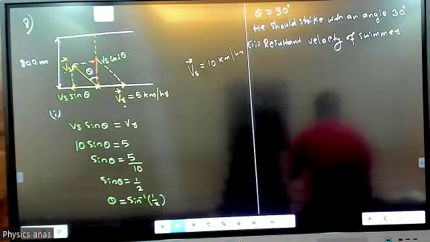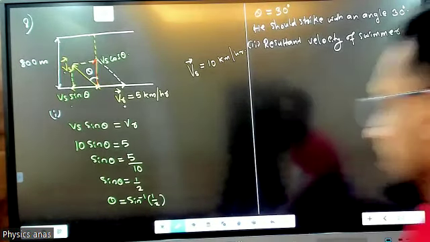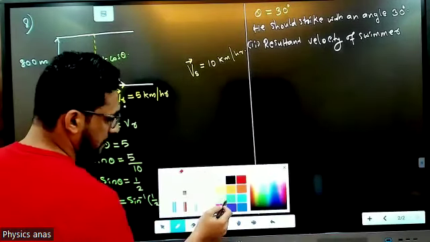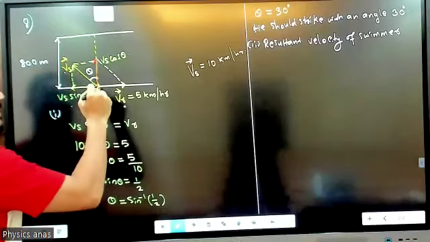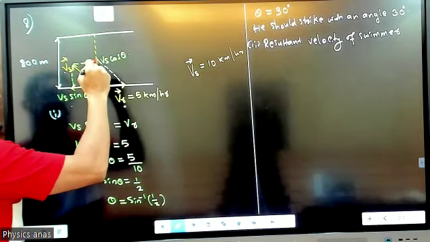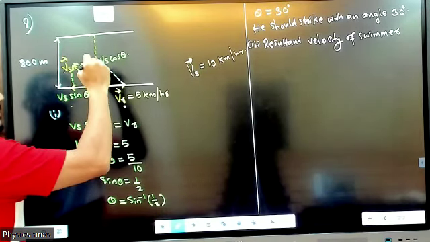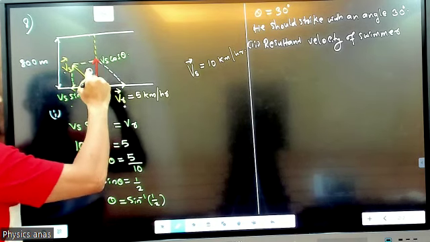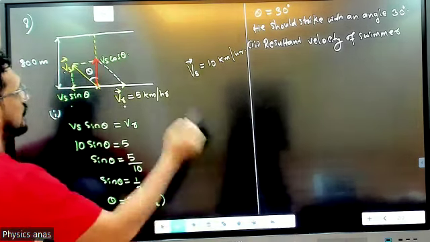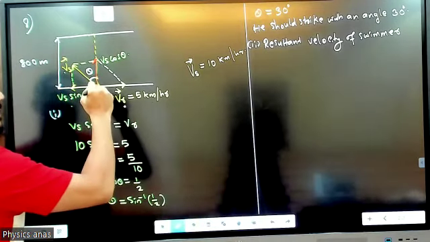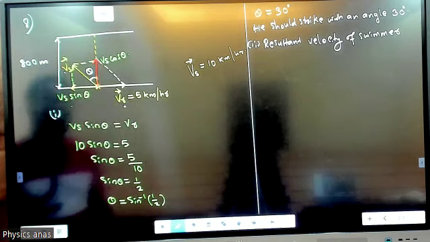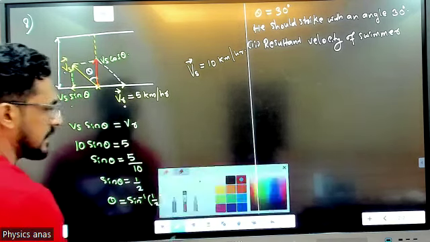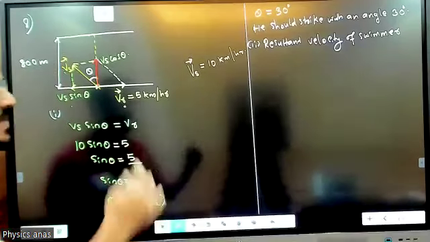That red component is the resultant between Vr and Vs. That's evident from the figure.